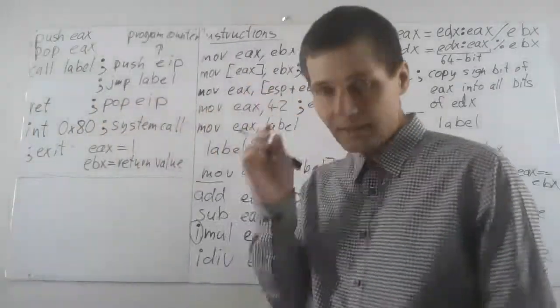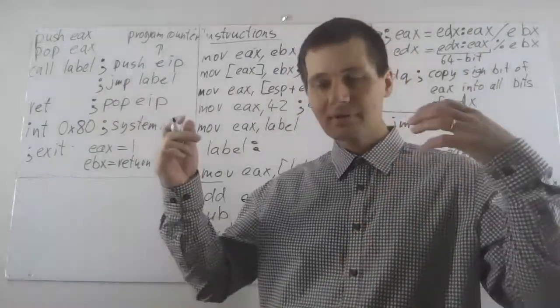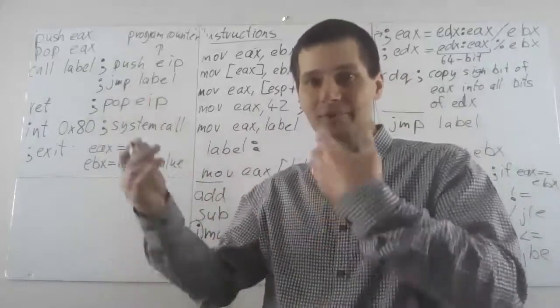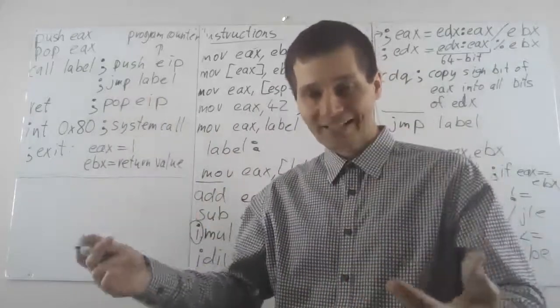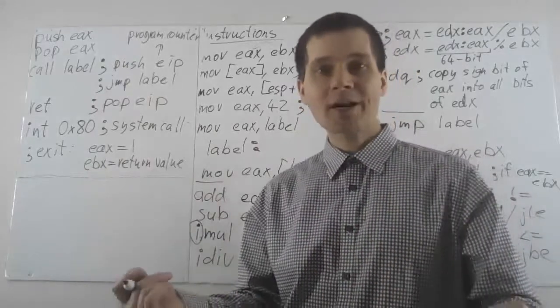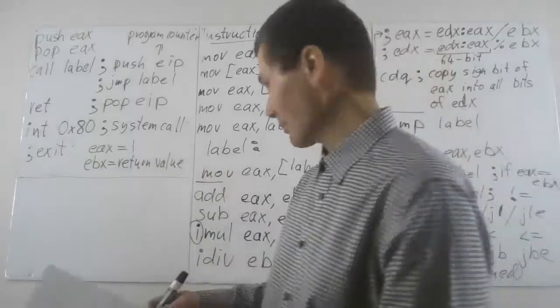Okay, so in addition to actual assembly language instructions that get translated to machine language and that gets executed by the processor, sometimes you also want to give instructions to the assembler. So, assembler directives.